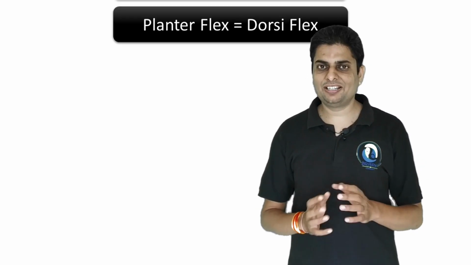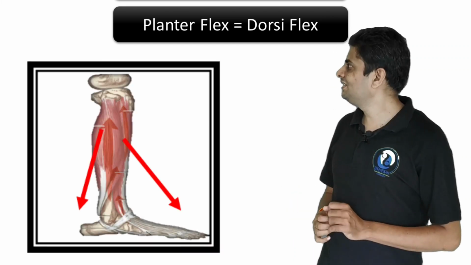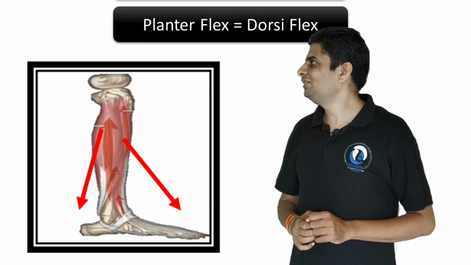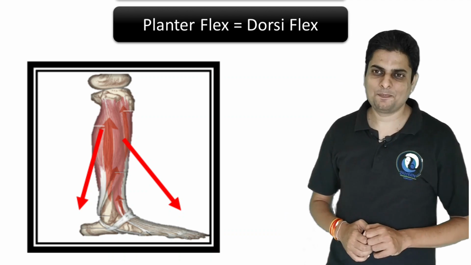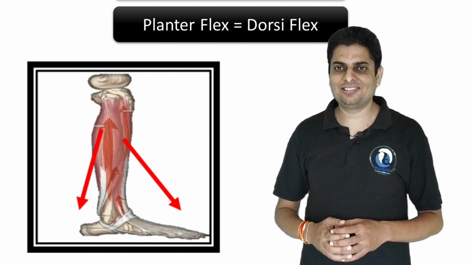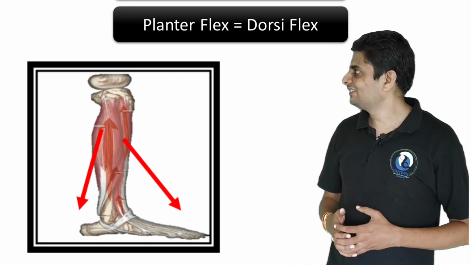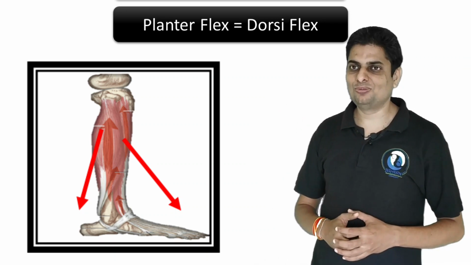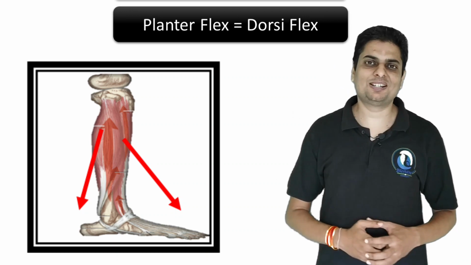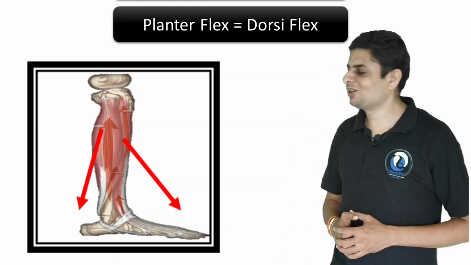Now move to the second part, that is balancing between ankle plantar flexors and dorsiflexors. As the name suggests, we are trained to think that they are meant for moving our ankle either in plantar flexion or in dorsiflexion.